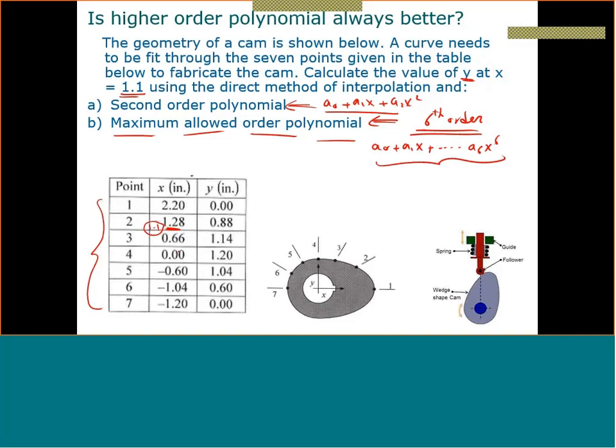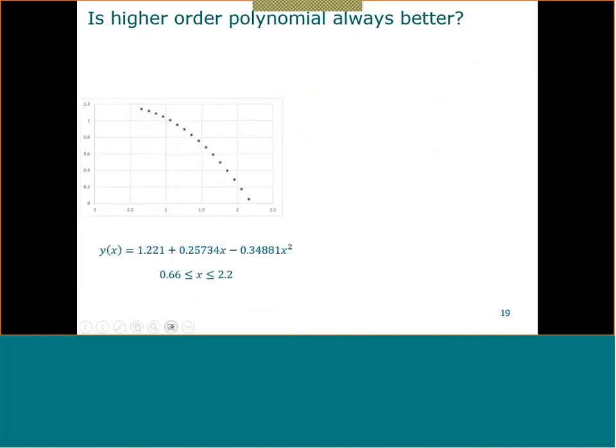Sorry, from 0.66 to 2.2. But the other is defined from minus 1.2 to 2.2. So it's defined in the whole range. Okay, so let's see the answer here. So this is defined from 0.66 to 2.2.